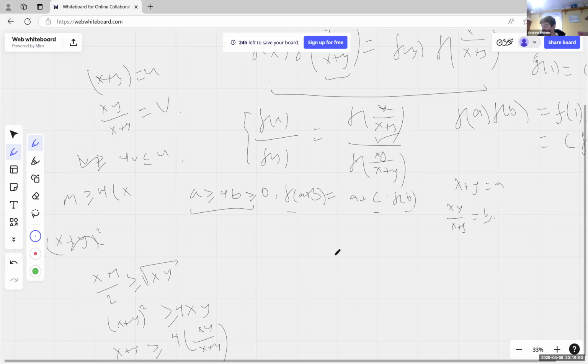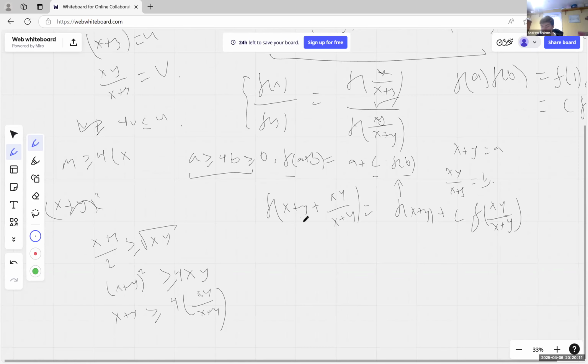And so to finish, if we look back at the original equation, we have f of (x plus y plus xy over x plus y) is equal to f of (x plus y) plus c times f of (xy over x plus y), which gives us this.